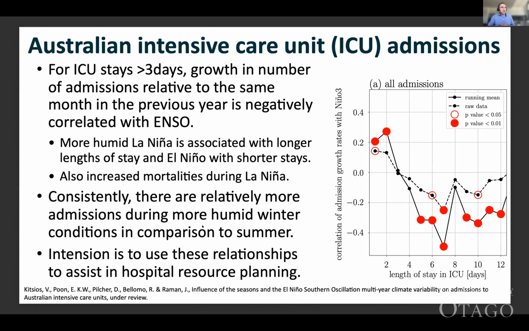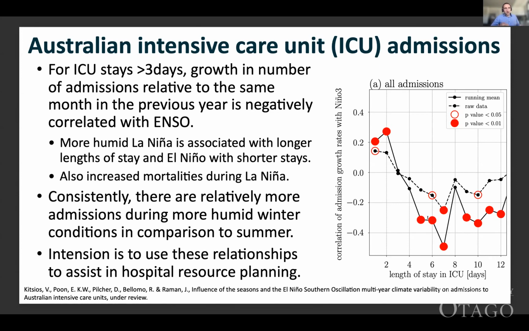So last example, this is how the Australian intensive care unit admissions are influenced by the same physical phenomena. So for stays in the ICU that are greater than 3 days, so in this diagram from 3 days onwards, relative to the previous year, the Nino index correlated to this growth rate is negative.